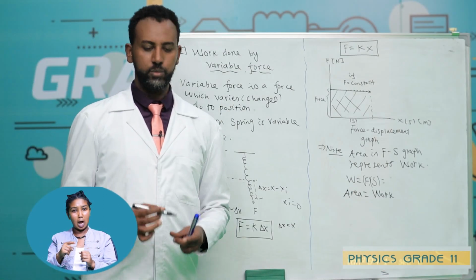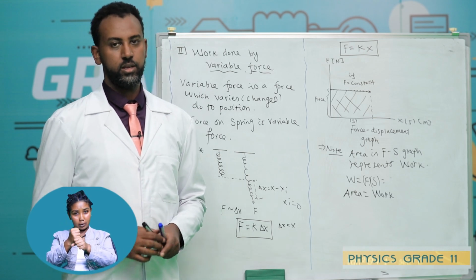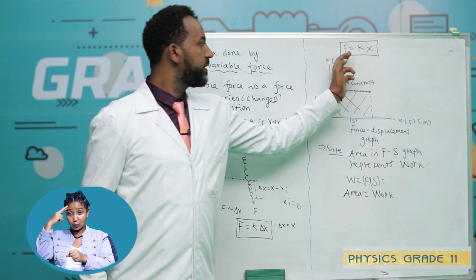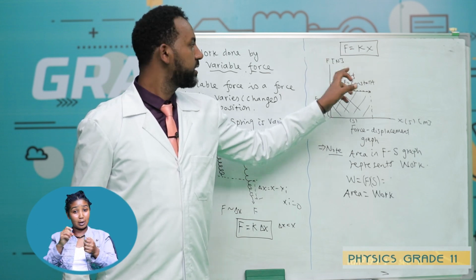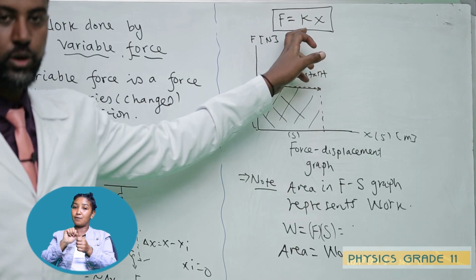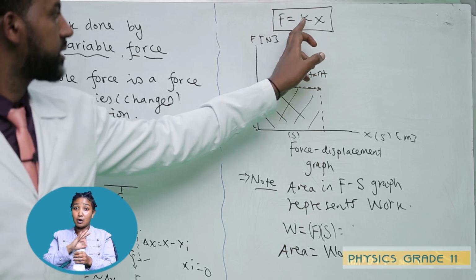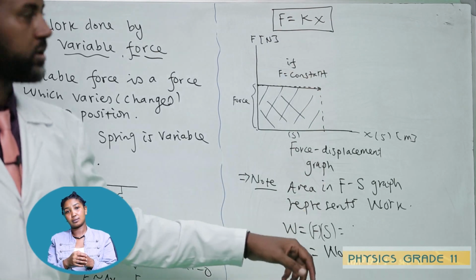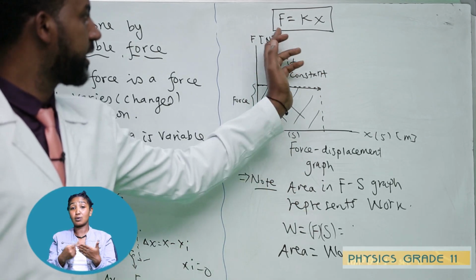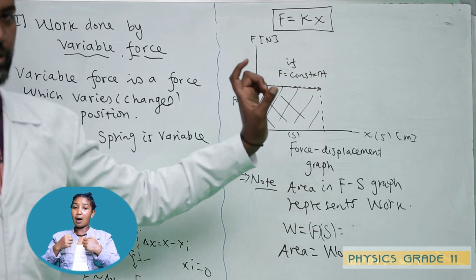Students, can you determine the work done due to this variable force? We have already mentioned that force can be given as k times x under Hooke's law. Therefore, the force and displacement have a direct correlation.